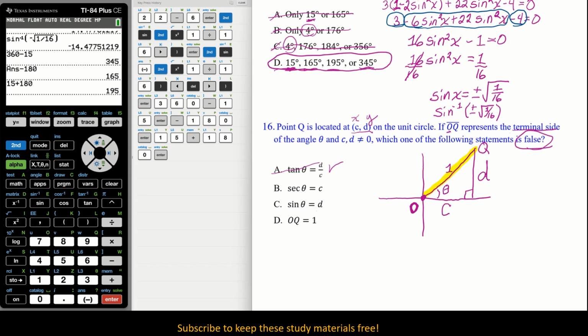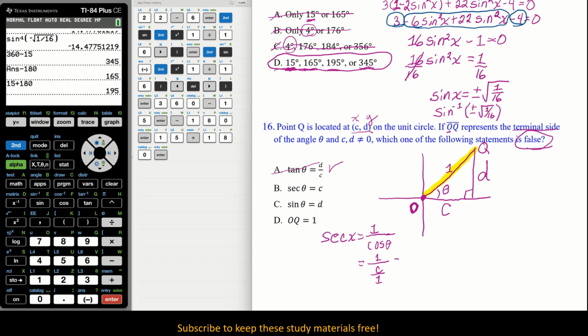Okay, so secant x equals 1 over cosine theta. All right, so 1 over what? How do we get cosine theta? Well, that is adjacent over r. So that is C over 1.